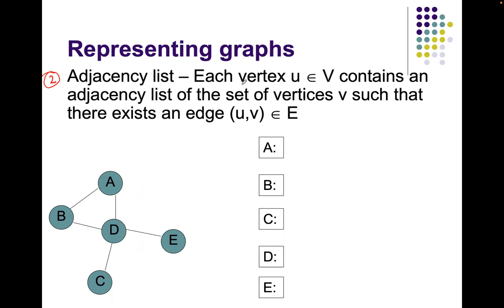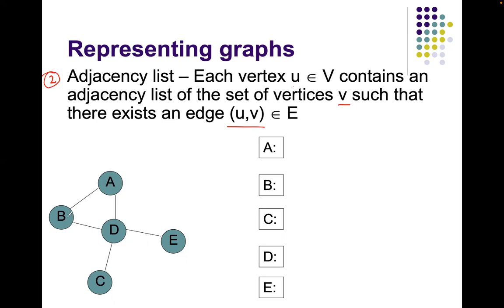Every vertex U belonging to the set of vertices has an adjacency list of the set of vertices V such that there exists an edge UV belonging to the set of edges.